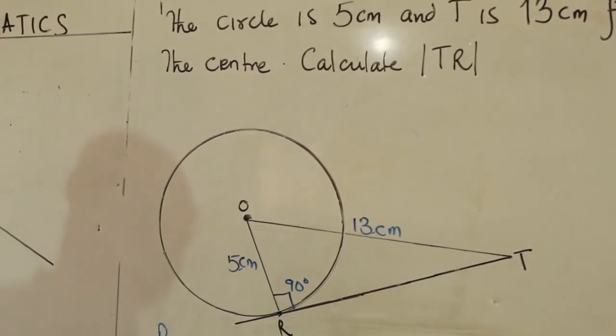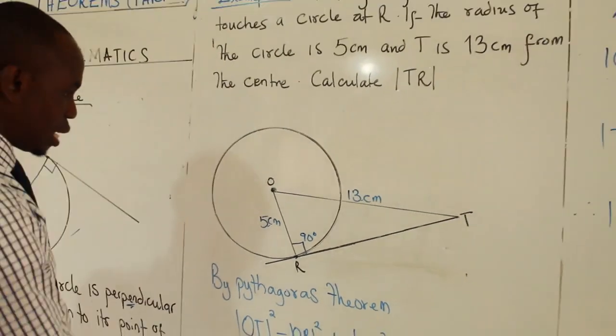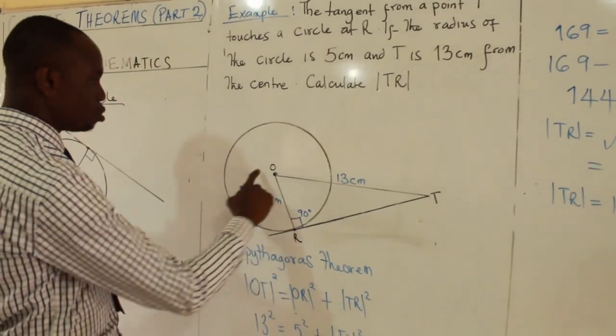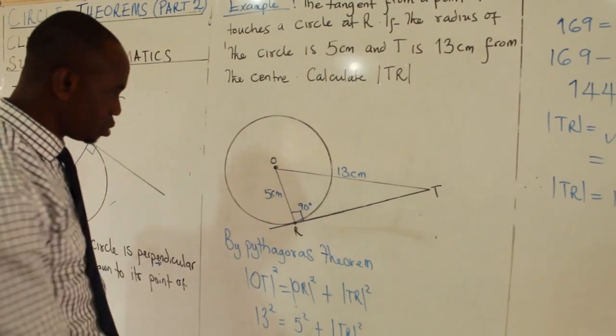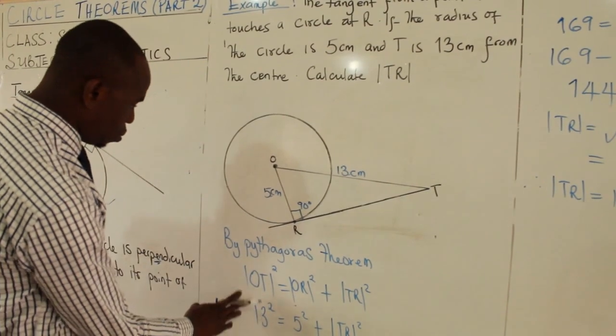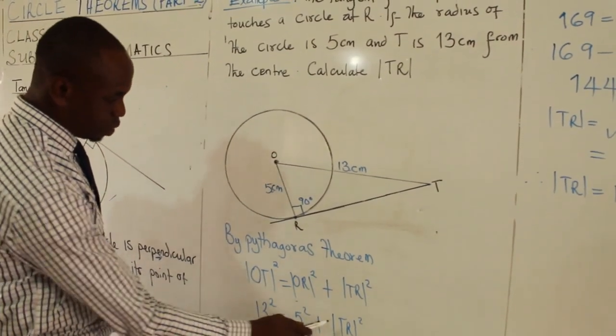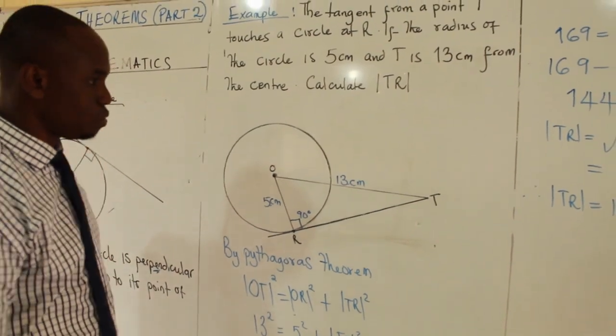We used Pythagoras theorem to find the length of TR. We said that OT square, which is the hypotenuse, is equal to OR square plus TR square. OT is 13, OR is 5, and TR was what we were looking for.